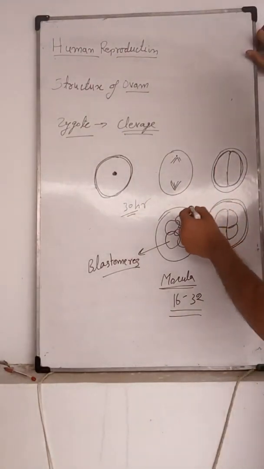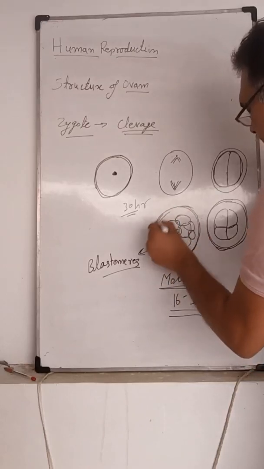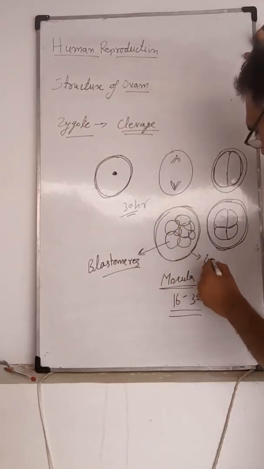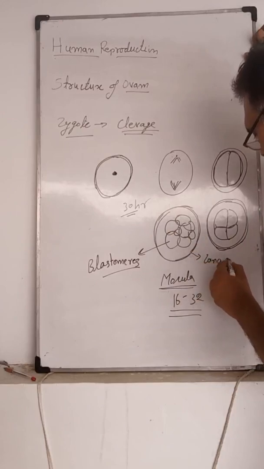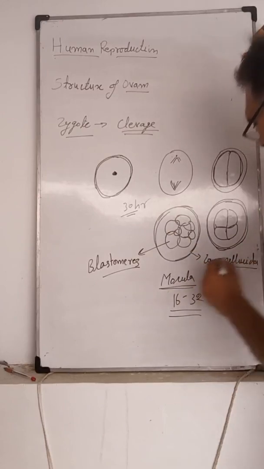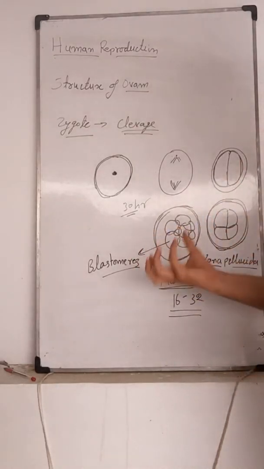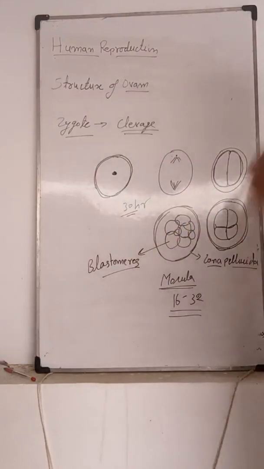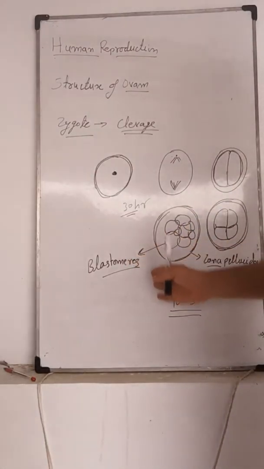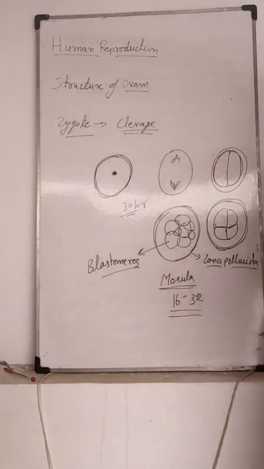Still, the zygote, the fertilized egg, is covered by the zona pellucida. Inside that, the embryonic mass is present, and that is the blastomeres. This morula stage contains 16 to 32 cells.